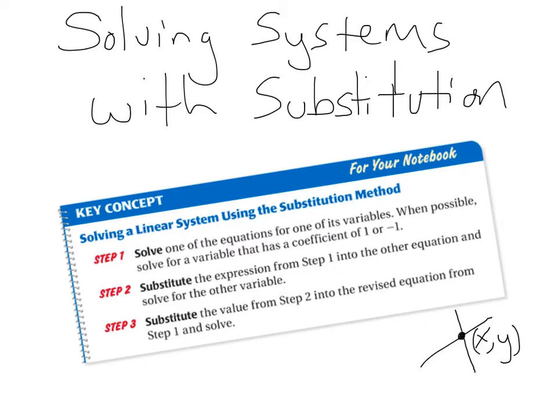So let's look at how we can solve a system using the substitution method. Wouldn't it be great to find a system of equations? Oh, I found one right here. y equals 3x plus 2, and then we have x plus 2y equals 11.